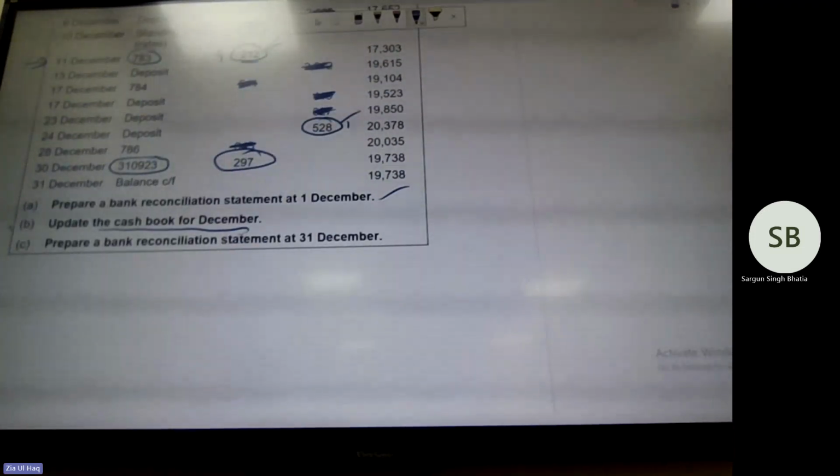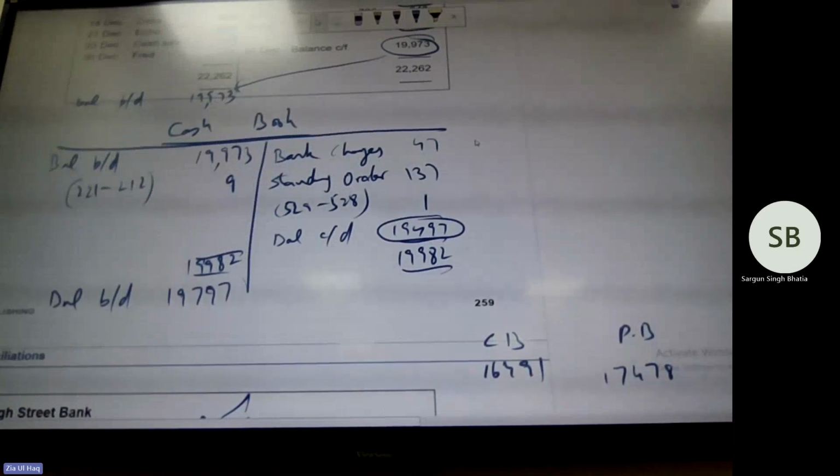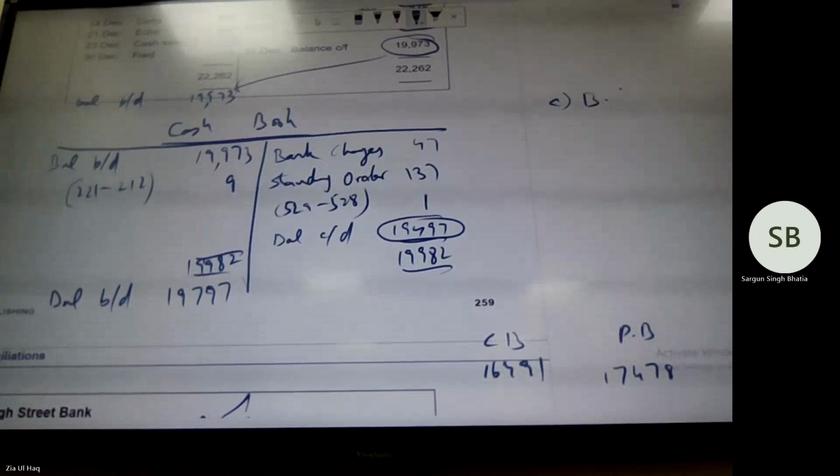Now we are moving towards requirement C. Prepare a bank reconciliation statement at 31st December. We need to prepare the bank reconciliation now. So, bank reconciliation, part C. How do we prepare the bank reconciliation statement?